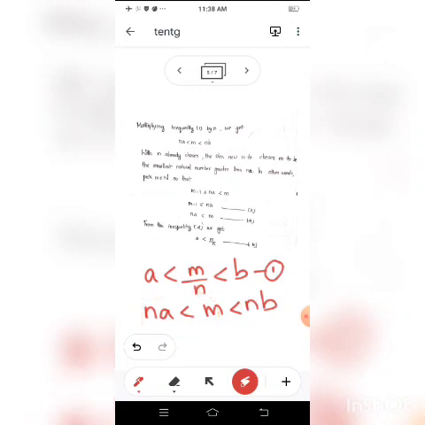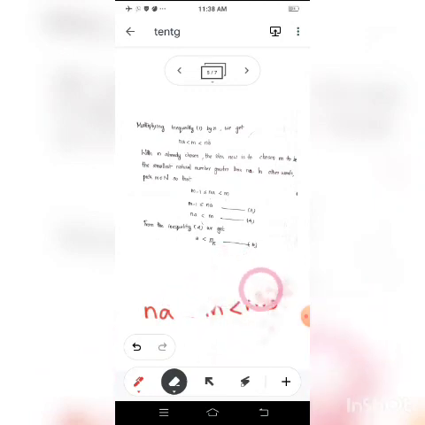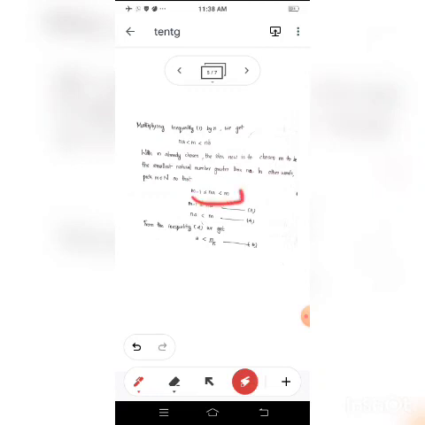So pick an m belonging to the natural numbers so that m minus 1 less than na less than m.